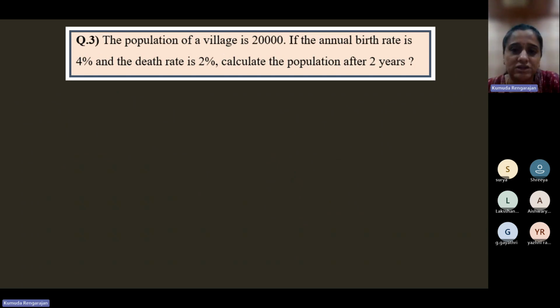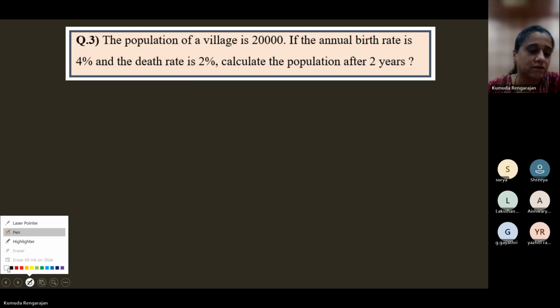The population of a village is 20,000. If the annual birth rate is 4% and death rate is 2%, calculate the population after 2 years.